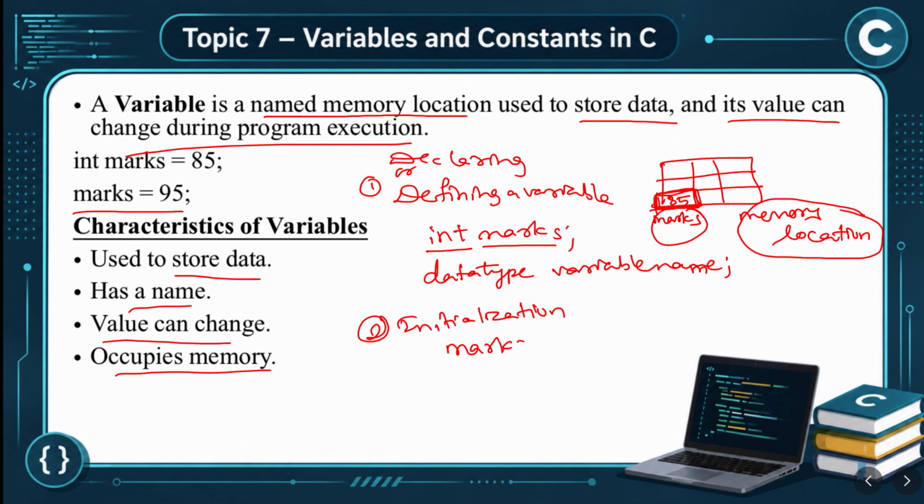For example, here you have initialized it to 95. This is initialization of a variable. Both steps you can do at a time by mentioning the data type, then the variable name and the value. That is what we have done in the first line, int marks equals 85, where you have done the initialization and the declaration at the same time.